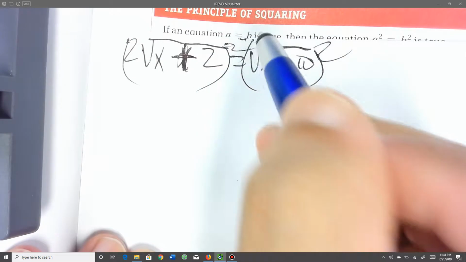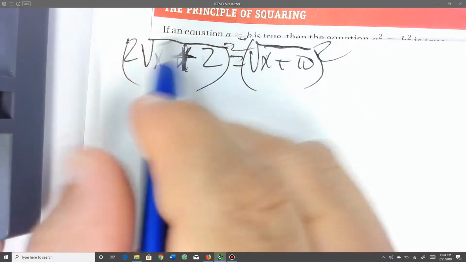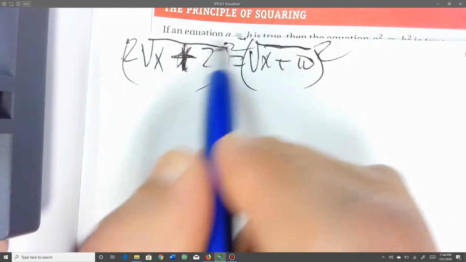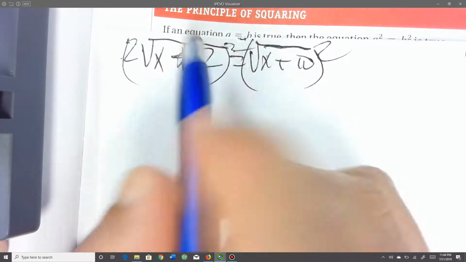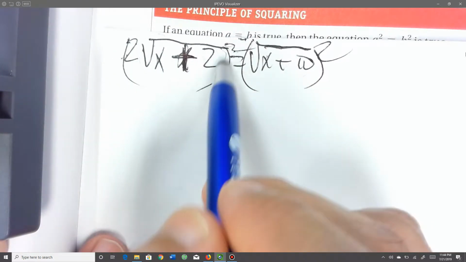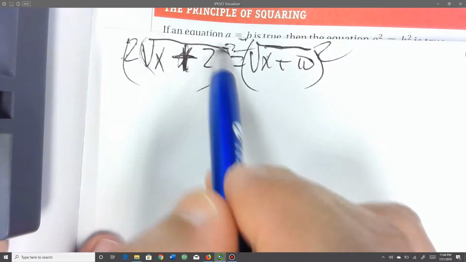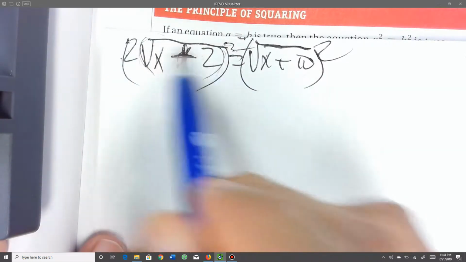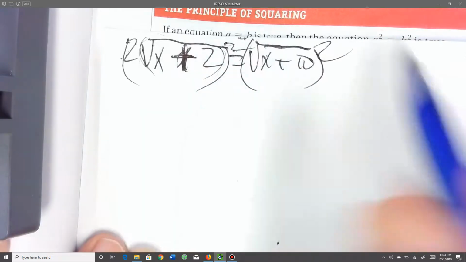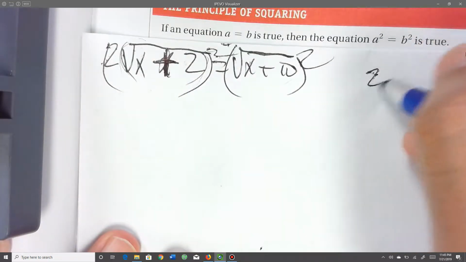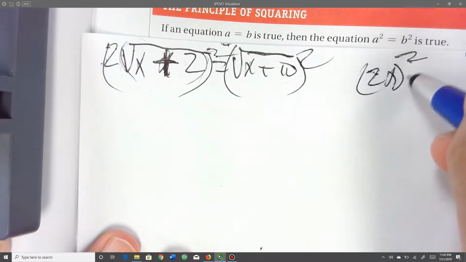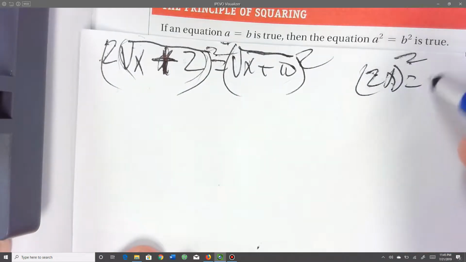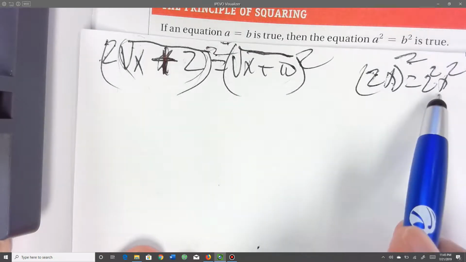Okay. All right. If I'm squaring this side, this power 2 applies to both factors. See, this is one factor, this 2 is another factor. Okay. So it's just like that rule where you had 2x squared. This 2 would affect those two factors too, just in case you didn't remember.